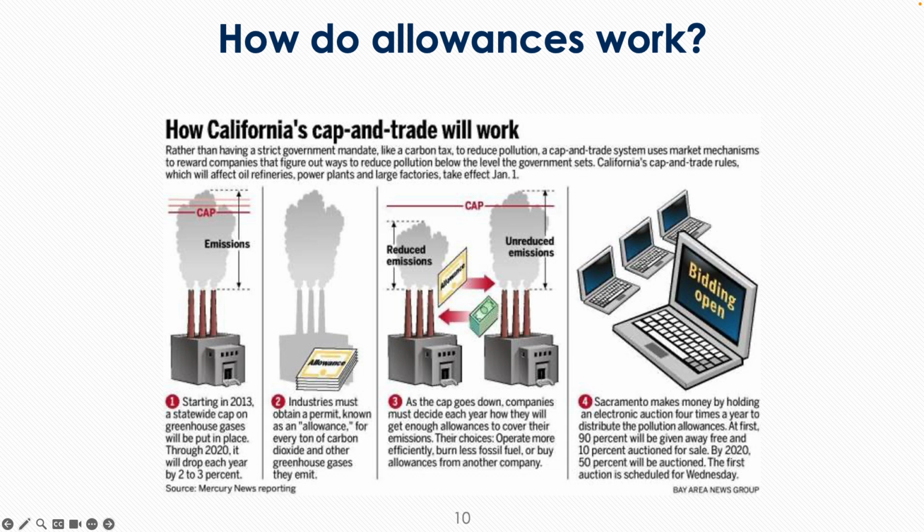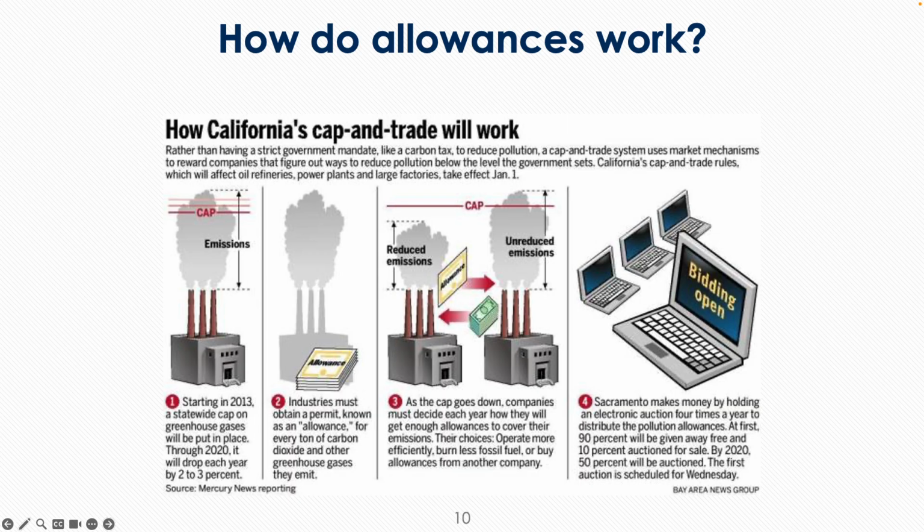So what does that cause the entities to do? That puts pressure on them to essentially produce less carbon, right? Or to purchase allowances. Okay, so I'm a company, and I produce some amount of emissions, and I see that the allowances I got this year are not enough for me to emit everything that I would want to emit.